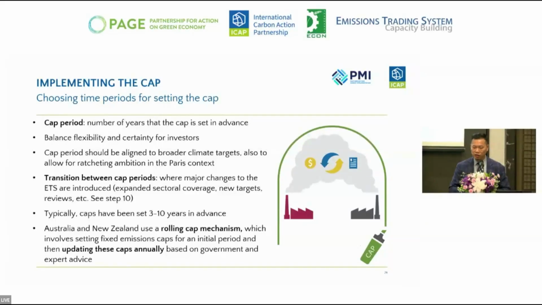And the transition from one cap to another provides the opportunity to do a lot of major updates for the ETS, like introducing a reserve, or changing from intensity to absolute, or changing the benchmark allocation method. So if there is a change from one period to another, it is an opportunity to do a whole ETS reform. Yeah.